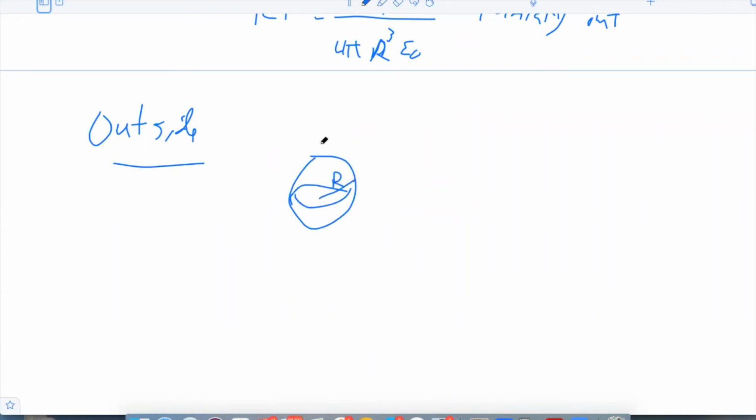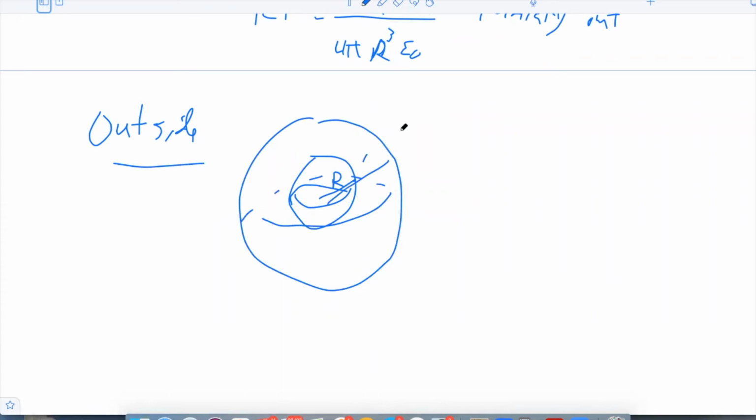Okay, now let's do outside. That was only half of the problem. And I spent a whole lot of words and time explaining that. I'm going to go through this one much quicker. So here's my charge. Everything lives in here. My Gaussian surface now lives outside. So little r is now bigger than big R. I'm way out here away from the charge.